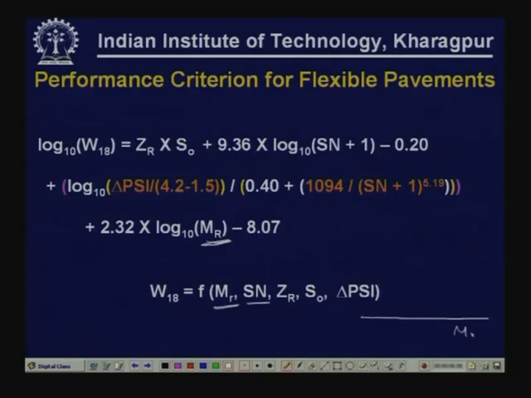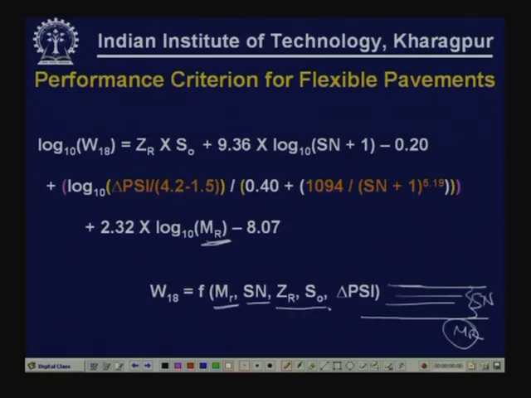So, the number of repetitions a given pavement can handle is obviously a function of the subgrade strength and the structural number, which represents the strength of this pavement.